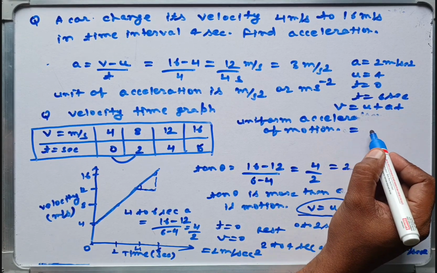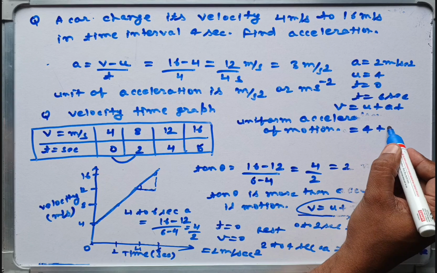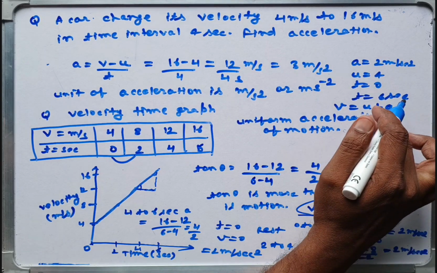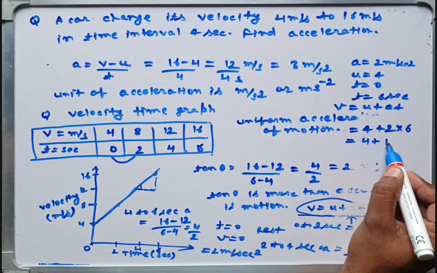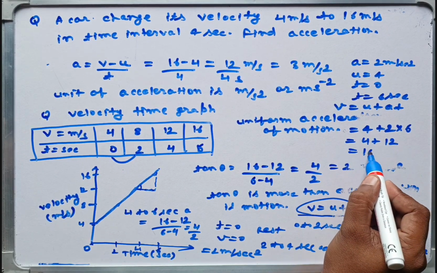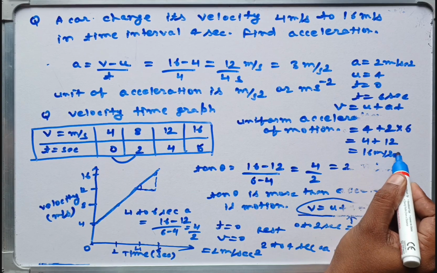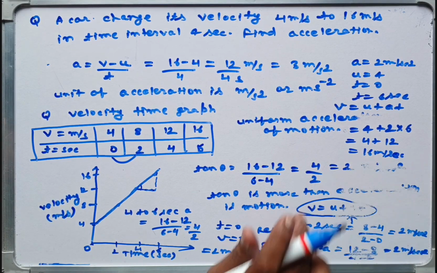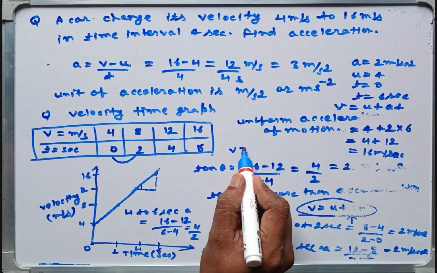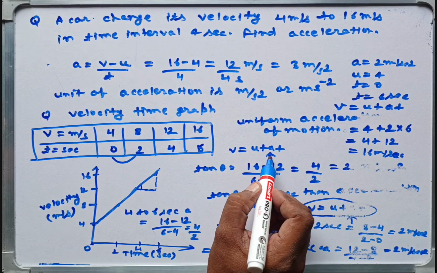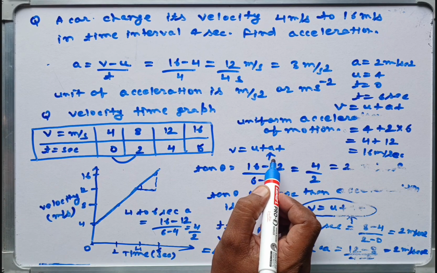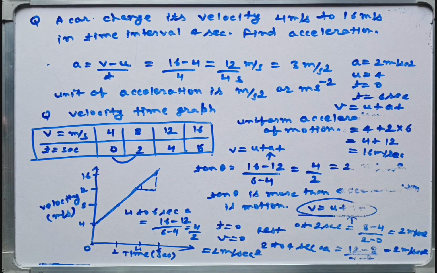Here u is 4, a is 2, and the time elapsed is 6 seconds. So you can write 4 plus 12, this is 16 meter per second. So in such a way guys, you can use this formula v equal to u plus at, where a is constant or uniform.